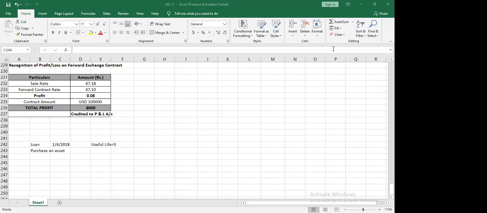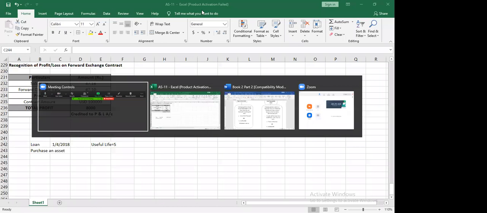Yes, it is definitely in the form of LTFCL. Okay, let's take another question. What is the useful life of the asset in the question? 5 years? Okay.